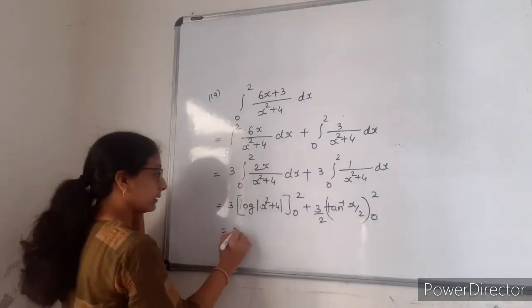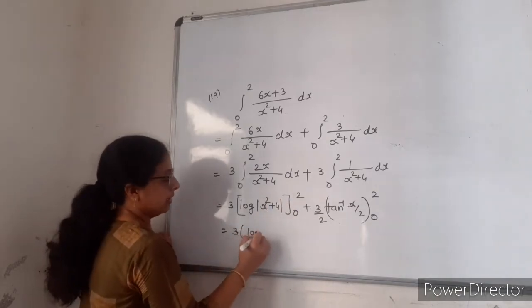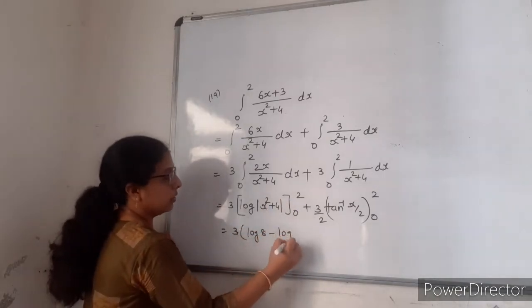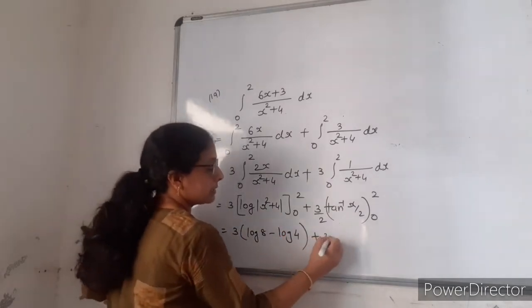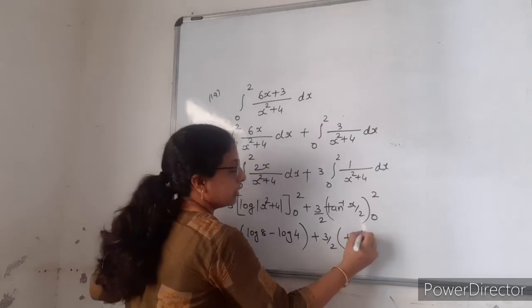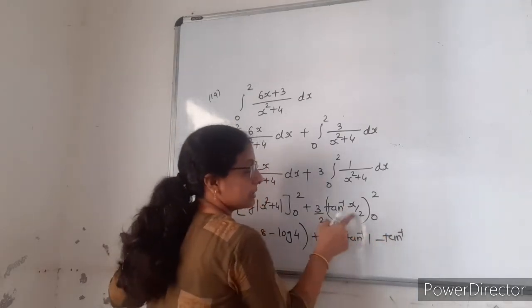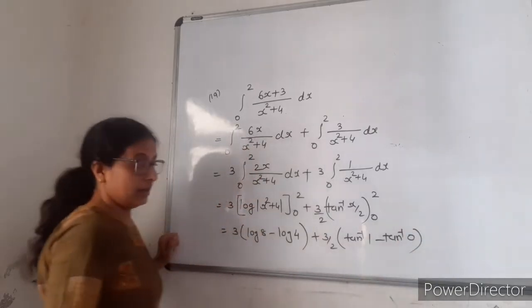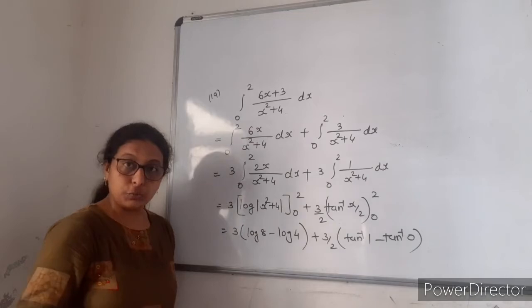When you apply 2, 4 plus 4, 8. Log 8 minus log of 0 plus 4, 4. Plus 3 by 2, tan inverse 2 by 2, that is 1, minus tan inverse 0 by 2, that is 0. So this is log 8 by 4, which is log 2.